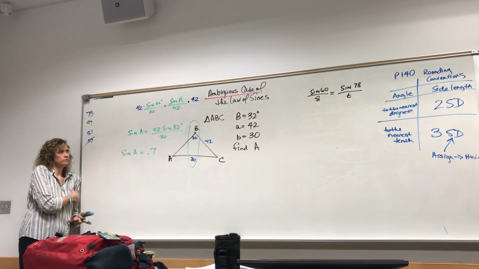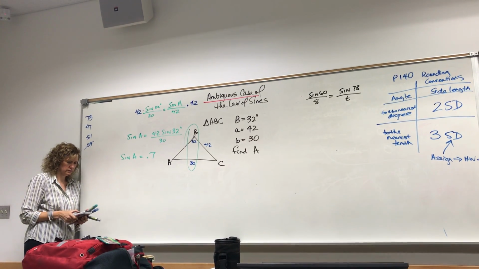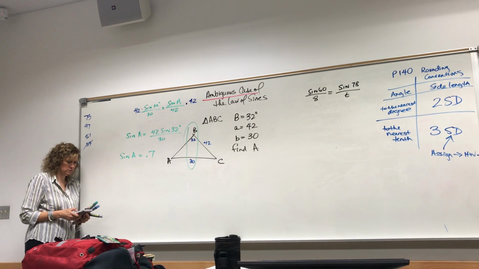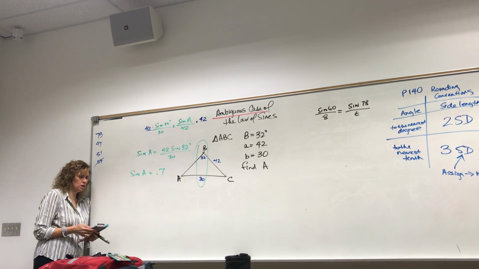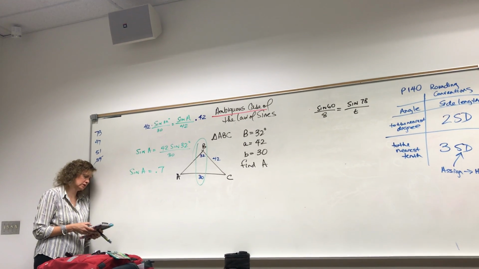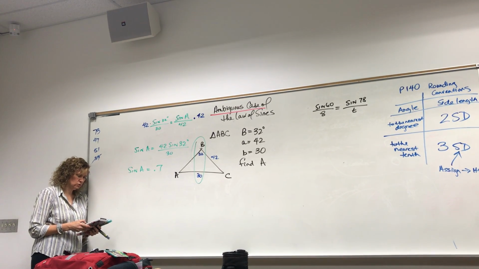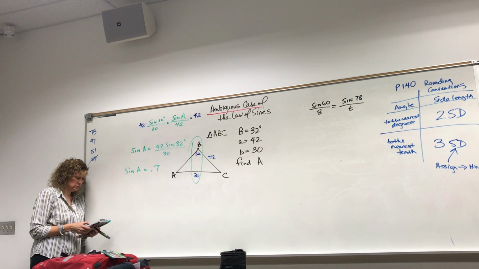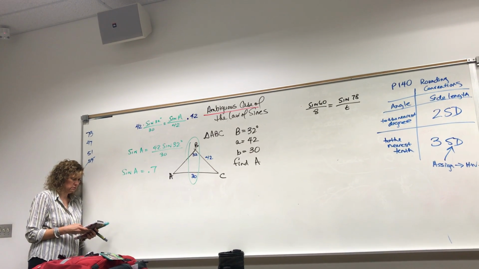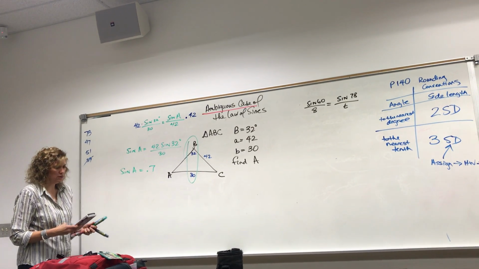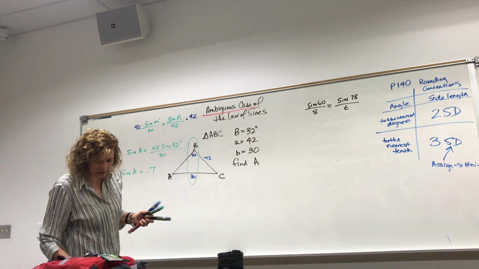It's still 0.7. Okay, times the sine of 32 divided by 30. All right, 0.74. Do not round this decimal.